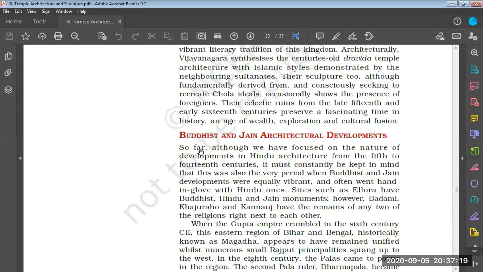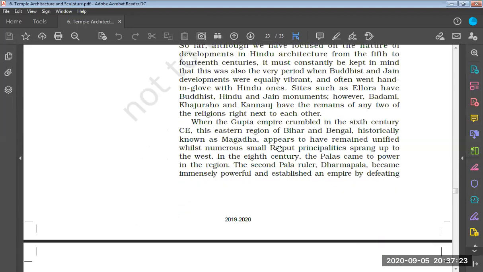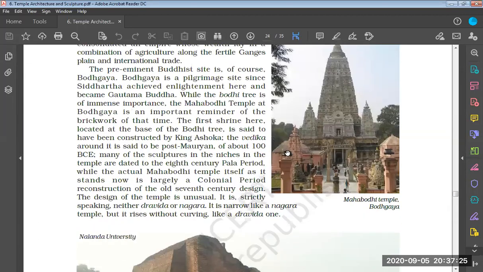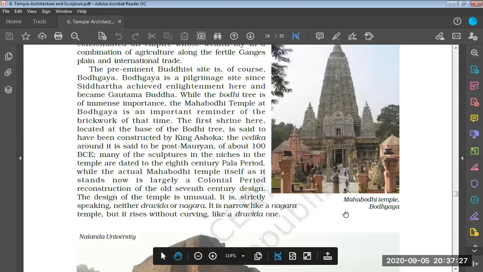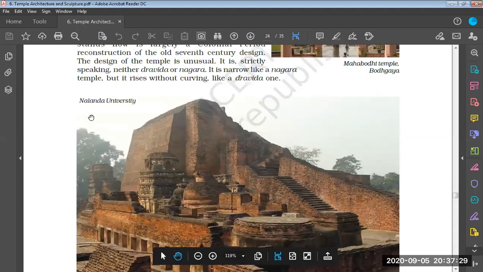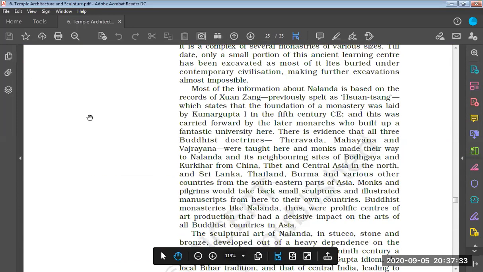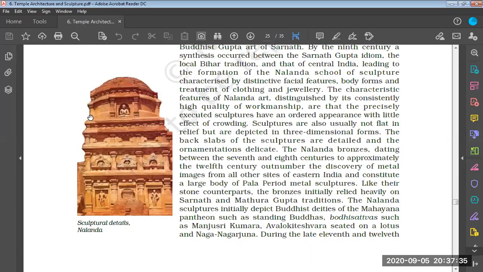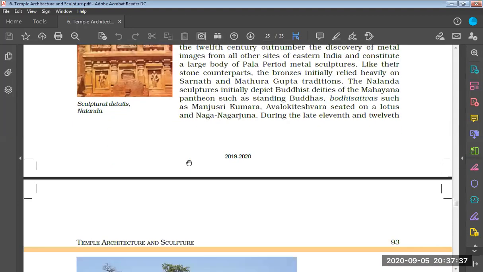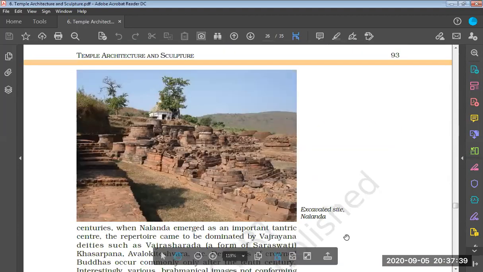Then after covering that topic, we will see Buddhist and Jain architectural developments. This is the Mahabodhi temple at Bodh Gaya. We will see Nalanda University, then the sculptural details at Nalanda, and the excavated site at Nalanda.